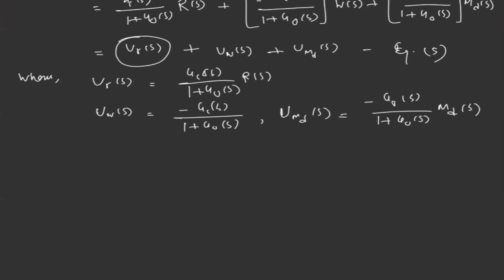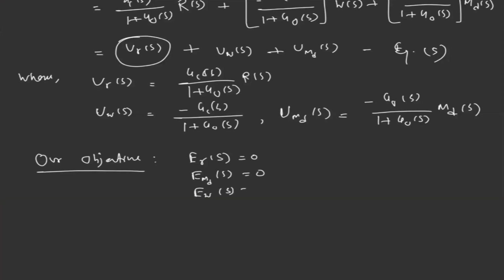As a control engineer, ideally our objective is E(R)(S) should be 0, E(MD)(S) should be 0, and E(W)(S) should be 0.